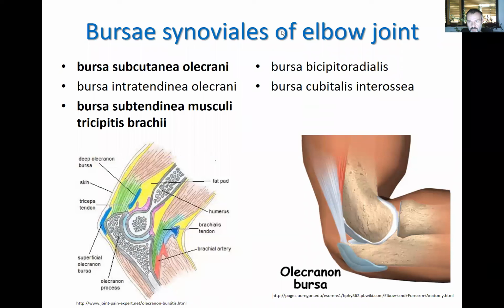There are of course some bursae, as you can see here. Two bursae are dorsally. One is called the student bursa. It's the superficial olecranon bursa, and when students study and are leaning against their olecranon, they can have inflammation of the student bursa.